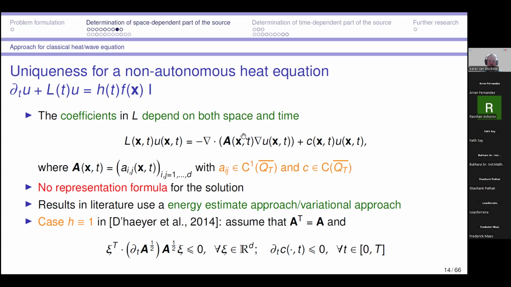So we need to assume additionally that A is symmetric and that we have this condition on the square root of A. A is a uniformly elliptic operator, so positive definite, so the square root of A is well defined, will also be symmetric, and has to satisfy this condition, which means, in the case that d is equal to 1, that the time derivative of A is decreasing, and this condition we also need for c.